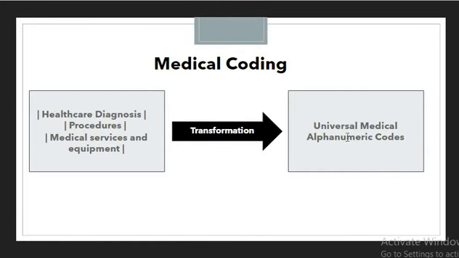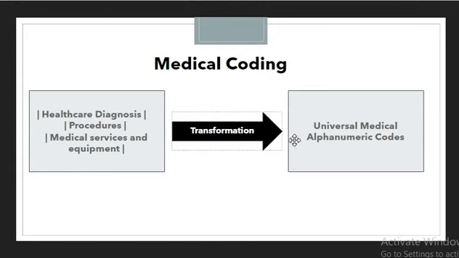But at the moment, as we are focusing only on the definition, you can assume that there is some sort of medical code standard that we have to follow in order to transform the healthcare diagnosis, procedure, or medical service and equipment information into universal medical alphanumeric codes. This type of transformation is known as medical coding.